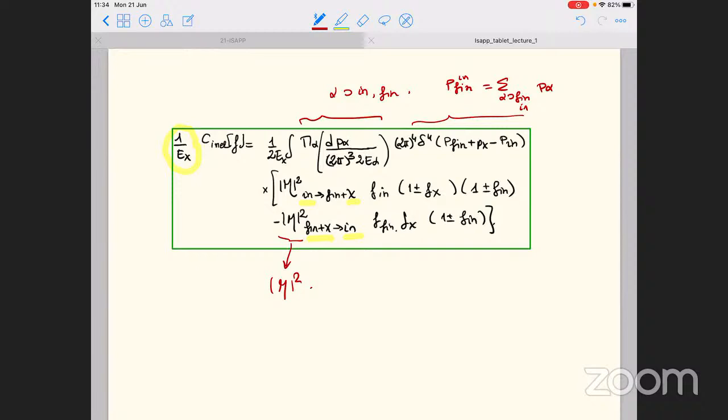Then in this expression, I have two lines. In the first one, I'm going from the in state to the final state plus dark matter. I have here f_in and then 1 plus or minus f_chi and f_fin. By f_in or f_fin here, I'm just taking the product, my way of writing the product over all the particles in the initial or final state.